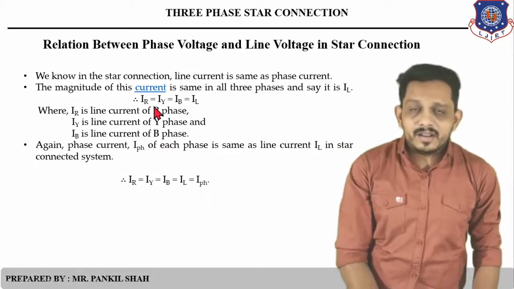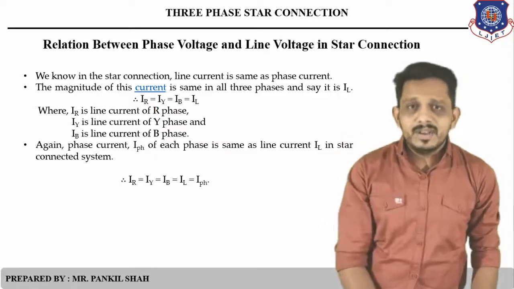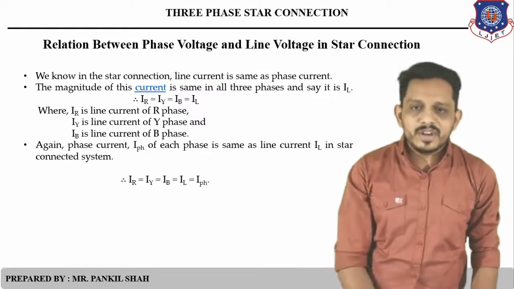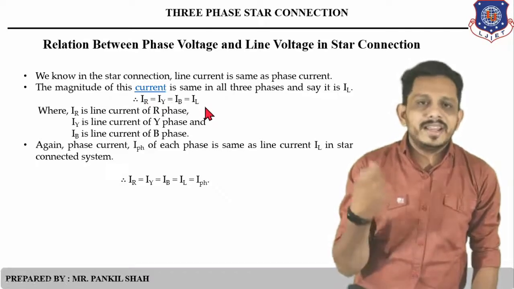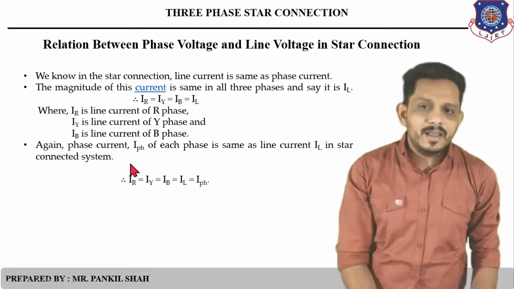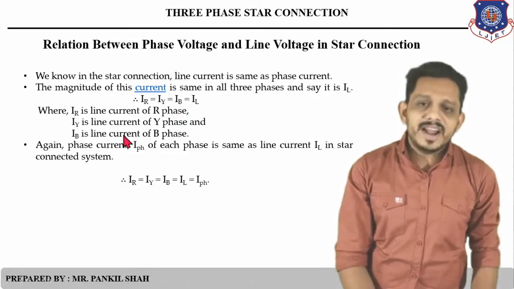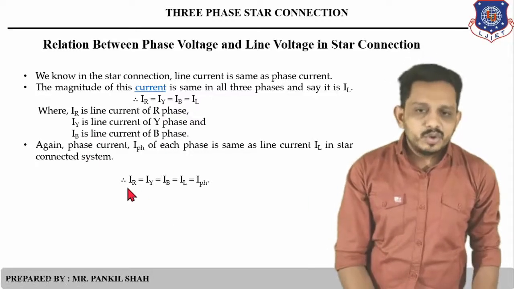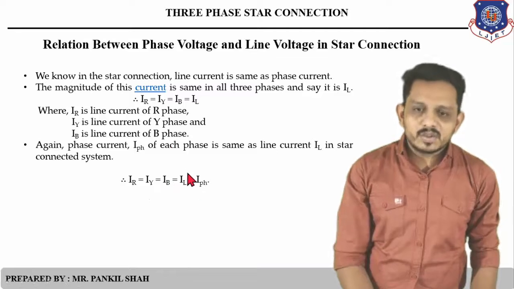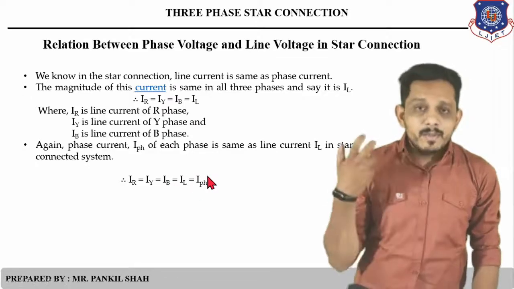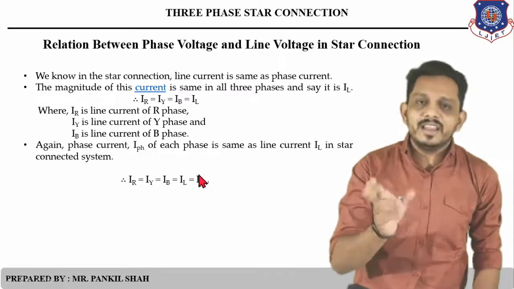If we are talking about a balanced system, then all the phase currents are equal in magnitude: IR equals IY equals IB equals I phase, or you can say IL, where IR is the current of R phase, IY is the current of Y phase and IB is the current of B phase. In star connection there is no relationship between line current and phase current, they are equal in amount.